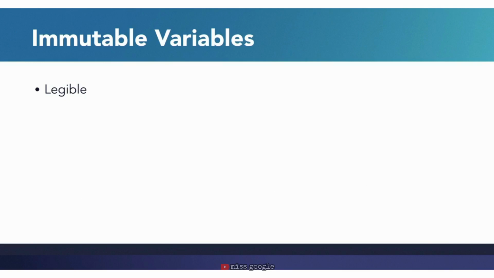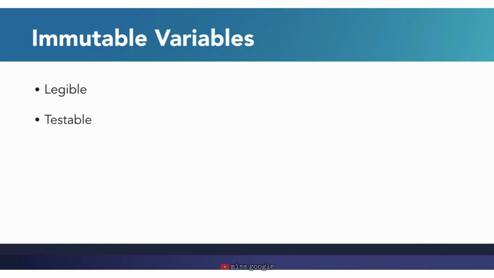Bugs in code aren't usually caused by creating or reading variables, they're caused by changing them. Every variable that can change increases the complexity of your program, just like adding a ball increases the challenge of juggling. Using immutable variables makes your code more straightforward and easier to understand.